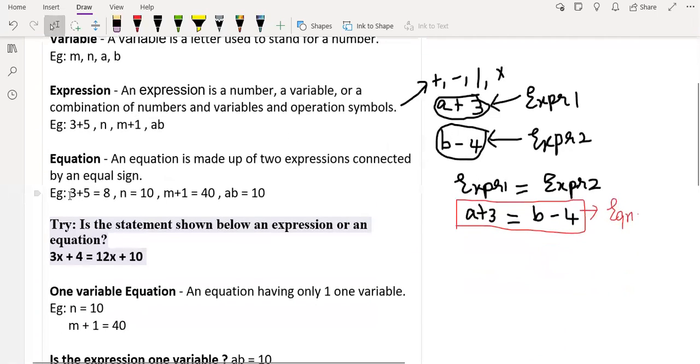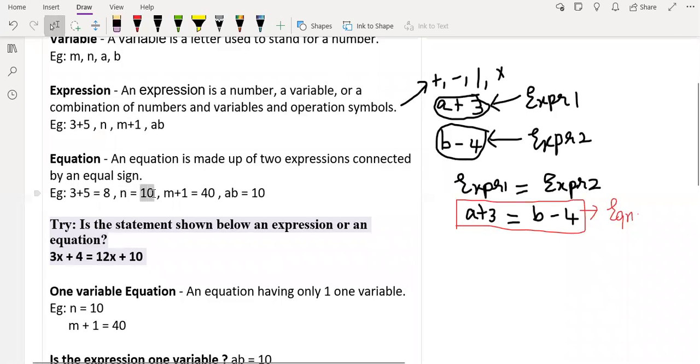Now coming to equation. So 3 plus 5 is one expression, as we see here. The right hand side is also an expression because it is a number. These two expressions are separated by equal to sign. Therefore, this entire thing will become an equation. Now coming to the next one. In left hand side, if you see, it is an expression which we already saw here.